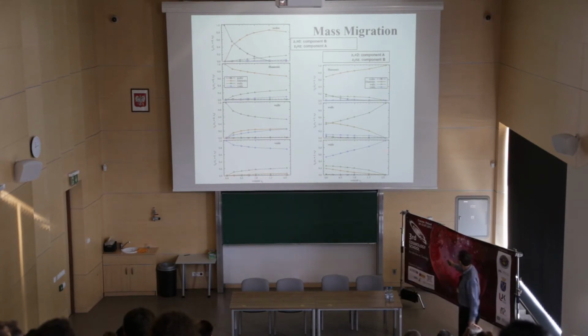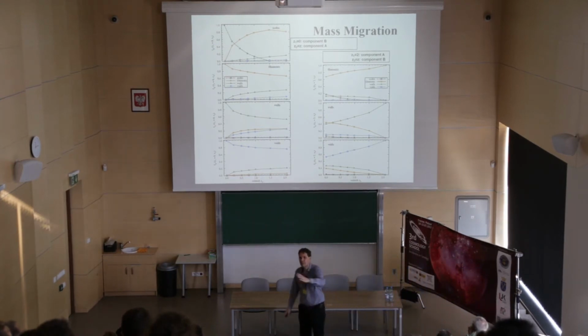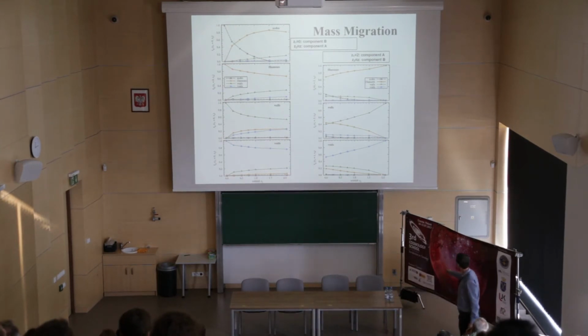And you can see the same from the voids. I told you that the voids are emptying. So you see that only 50% of the stuff that originally at a redshift of 2 was in voids is nowadays still in voids, because most of it moved either into the walls or into the filaments, right?